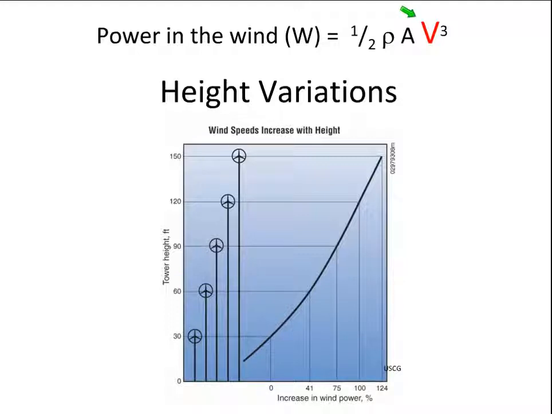Because of this cubic relationship, the difference between something that's 30 feet off the ground and something that's 60 feet off the ground is actually a 41% increase in power. So the difference between this one and this one is a 41% increase in power. I can really get more out of my wind turbine by getting it off the ground.